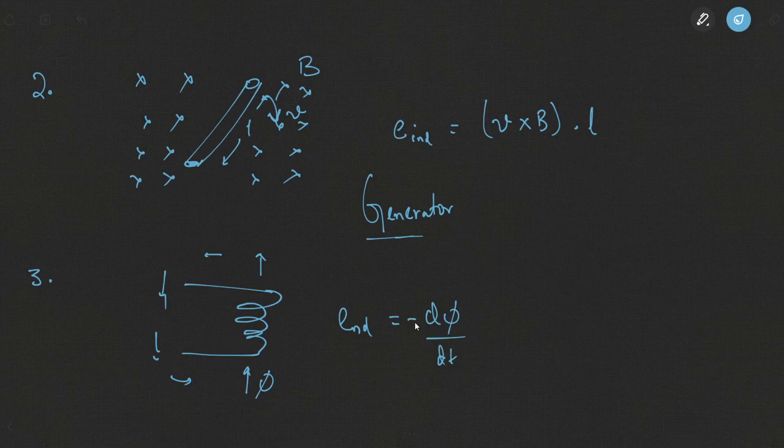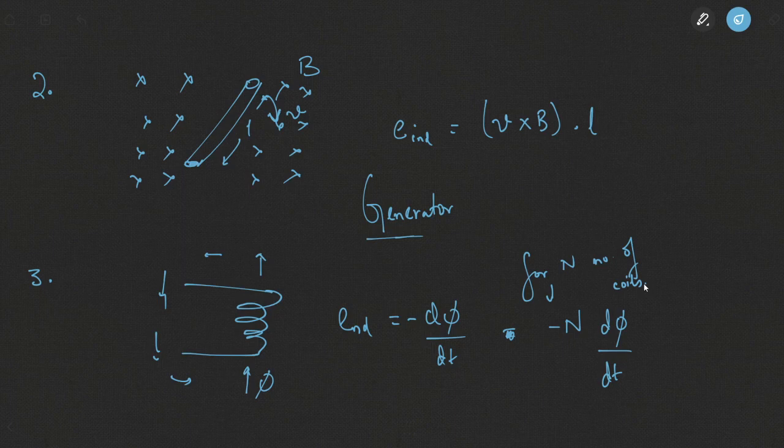So if you have n number of turns of this coil, the EMF induced will be equal to minus n d phi by dt.